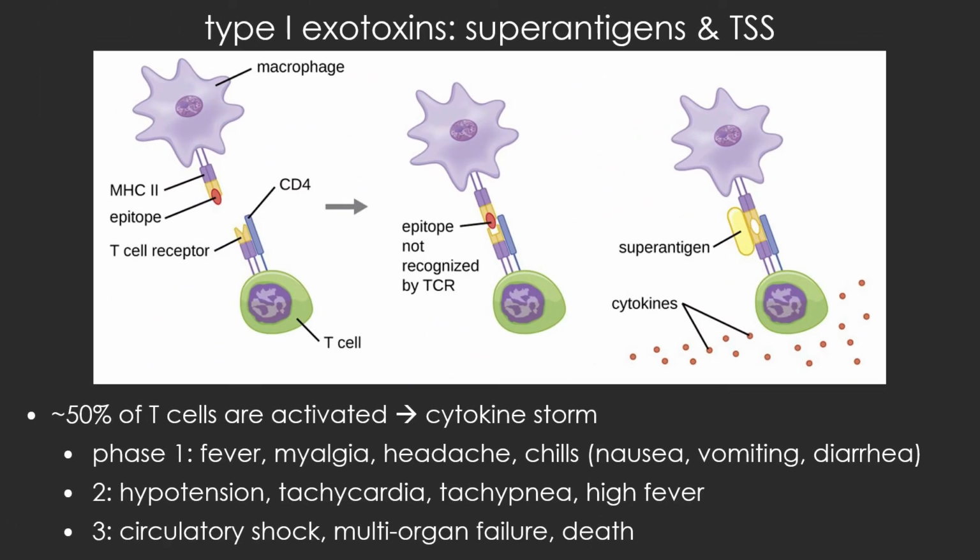So rather than just the appropriate T cells getting activated, at least half of the T cells in the body are activated. And this begins with fever and muscle aches and headaches and chills, and it may include nausea and vomiting and diarrhea, and it moves fairly quickly to low blood pressure, high heart rate, rapid breathing, and high fever, and it ultimately ends with circulatory shock, multi-organ failure, and death.